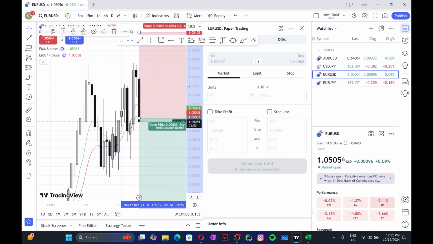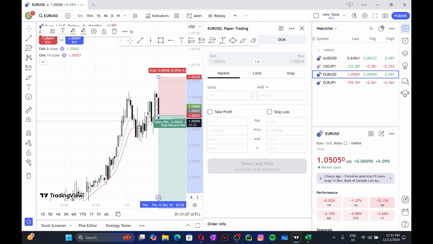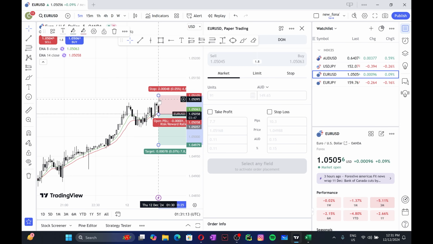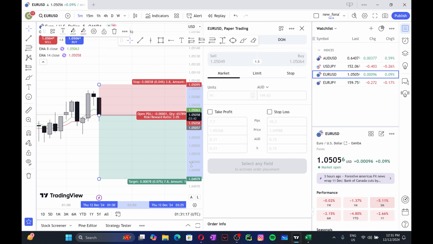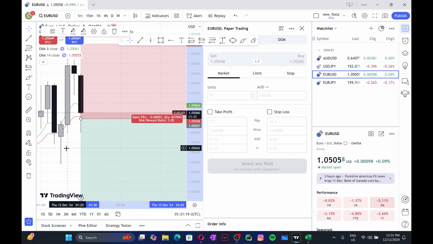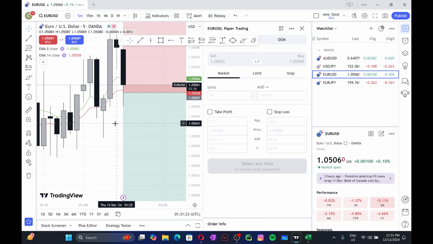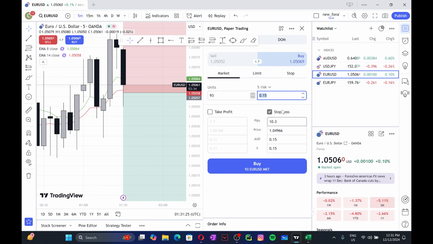So what I'm going to do is I will be taking a trade with my take profits set about here and my stop loss over here. So I'm going to take a trade as soon as there's a nice position. So again, I'm going to have my percentage of risk.